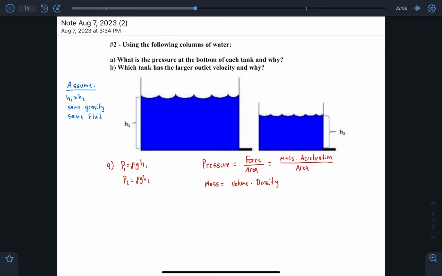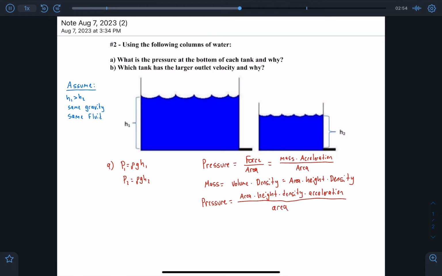So now we've got pressure and height, which are kind of the 2 things that we have in this equation. So we get mass is equal to area times height times density. So if we go ahead and substitute that in, we can get that our pressure is equal to area times height times a density times an acceleration all over area.